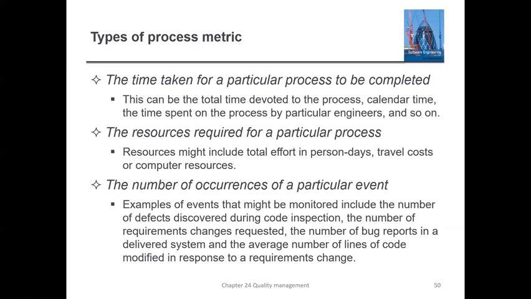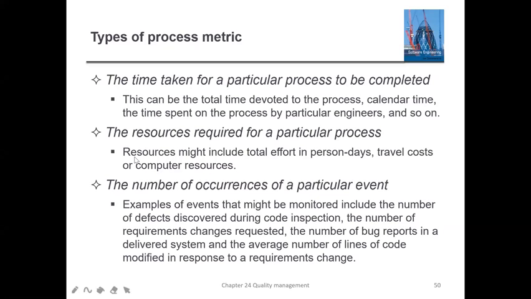Because it gives control between your start and end. This can be your calendar time, or the time spent on the process by any particular engineers. So this is one type of your process metrics.